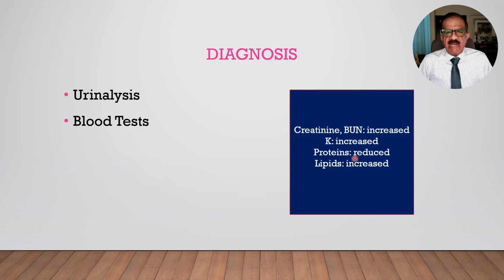There may be relative hypergammaglobulinemia. Lipids are also increased because when there is hypoproteinemia, lipoprotein synthesis is increased, so lipids are also abnormal in nephrotic syndrome. This will not, of course, develop in every person. There will be variable abnormalities.